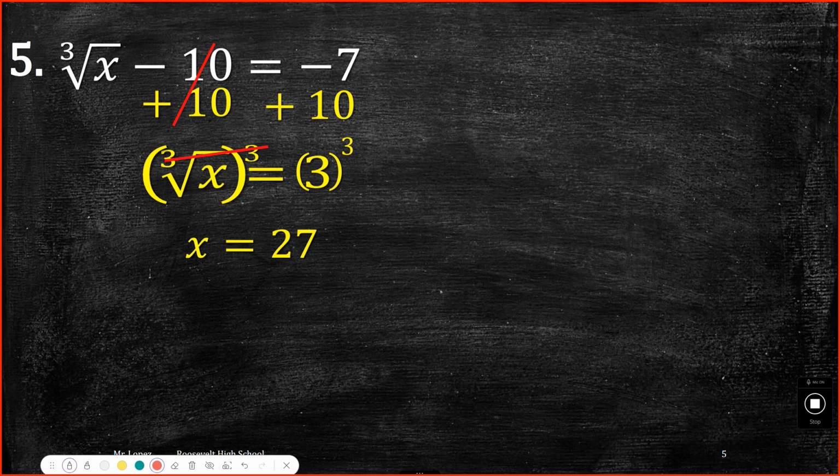Problem number 6. So you want to have the x by itself before you hold it and cube it. So what is step 1? Add 2 to both sides.